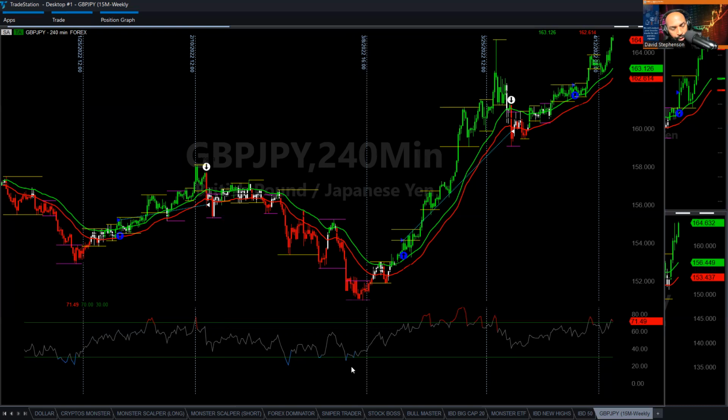Oversold here again, pulled back up, but you're still in that markdown phase. A good way to do this, once you guys get really savvy, is wait, if you're going short.